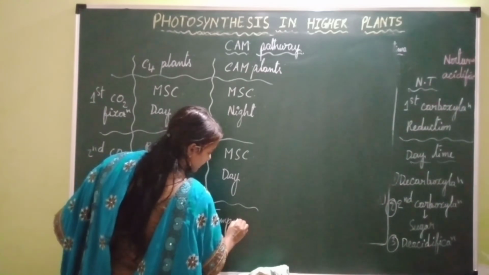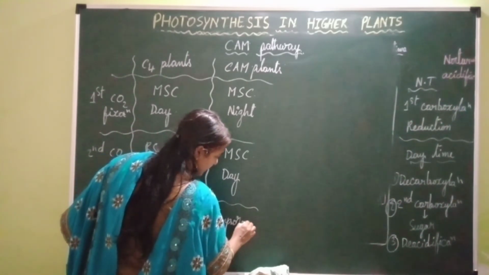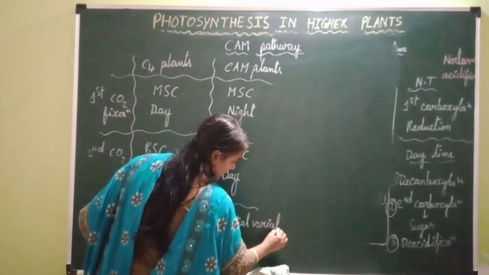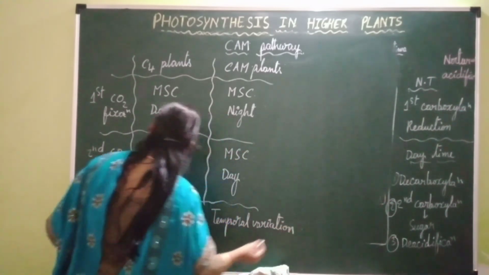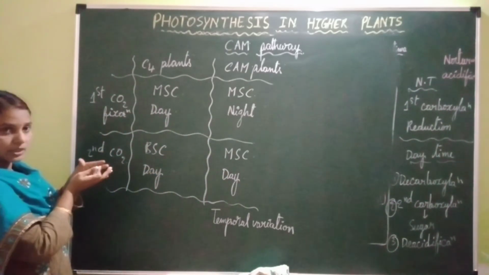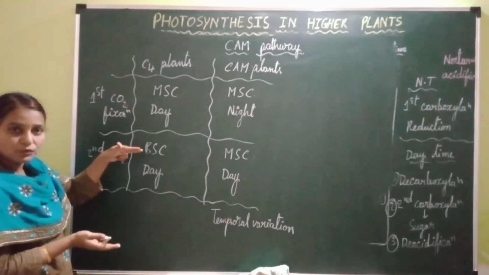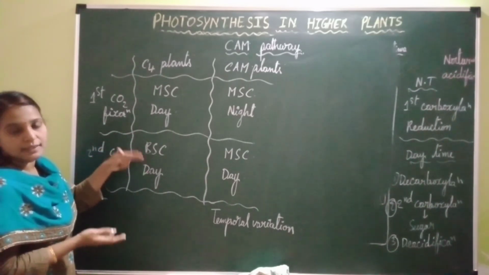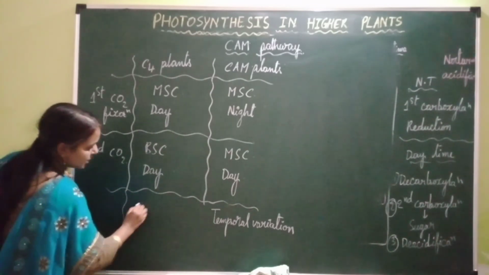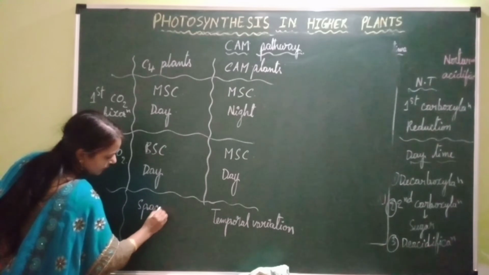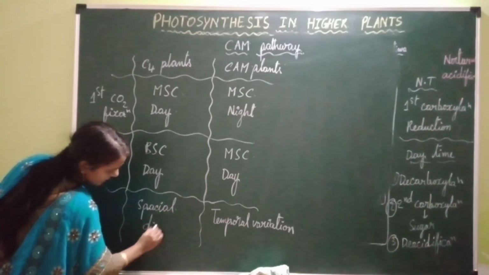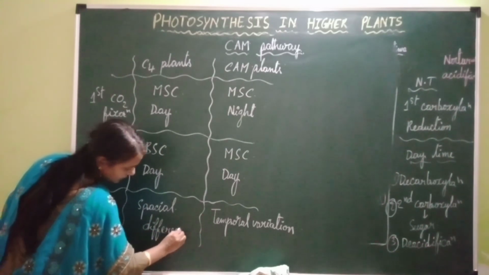Whereas in C4 plants, they are separated by space, in two different cells, mesophyll cell and bundle sheath cell. Hence they show spatial differentiation with respect to first and second carbon dioxide fixation.